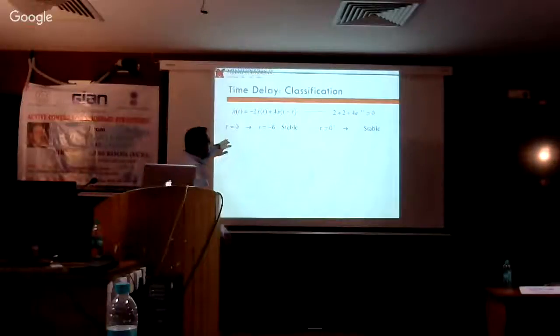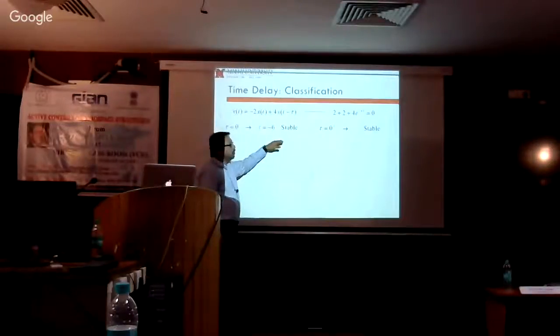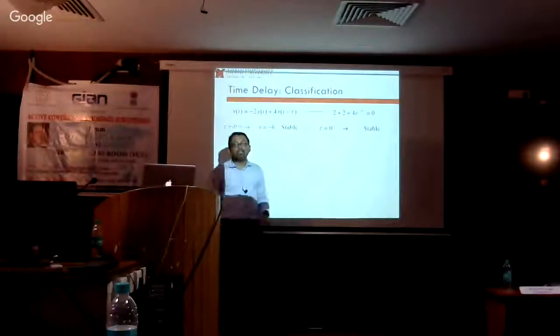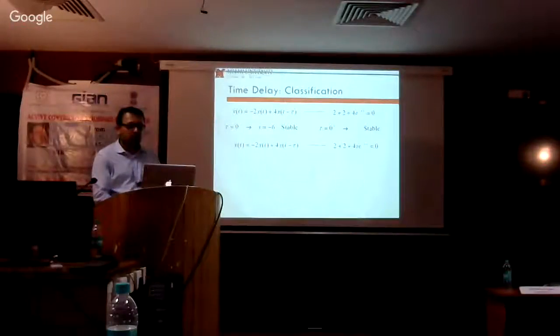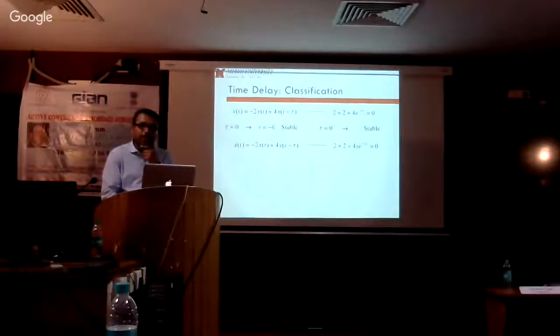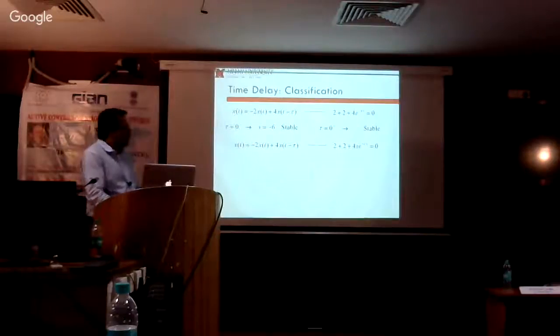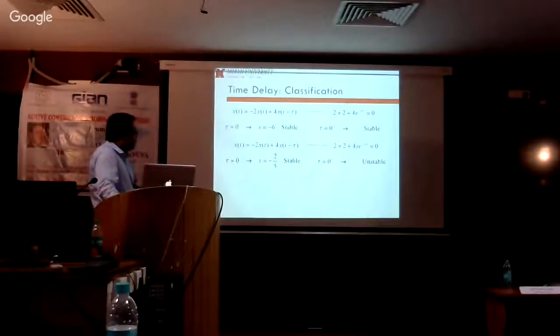If tau is 0, you have stable, and you can see for any tau which is a positive number, the system will be stable. Let's look at the other system where now we have the delay in its derivative. Again, we take its Laplace transform, its characteristic roots are the poles of the system. If tau equal to 0, the system is stable. But if tau is not 0, the system becomes unstable.